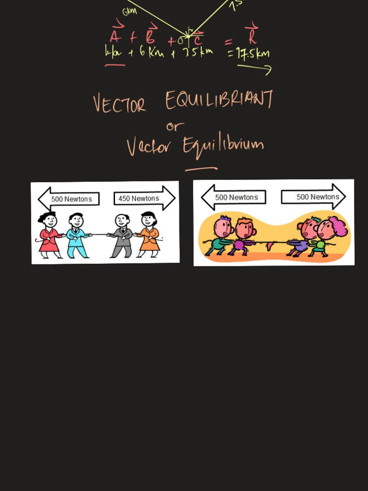The next thing we're looking at here is something called the vector equilibriant, or we can say the vector equilibrium.